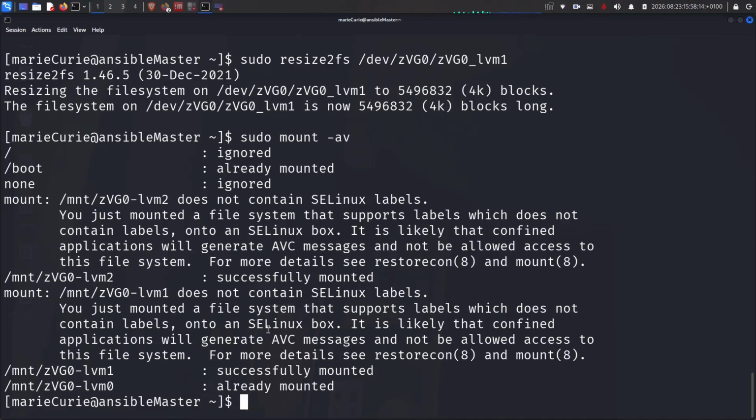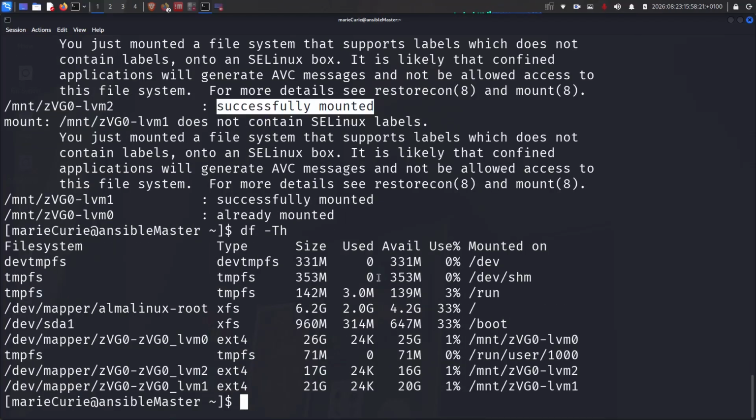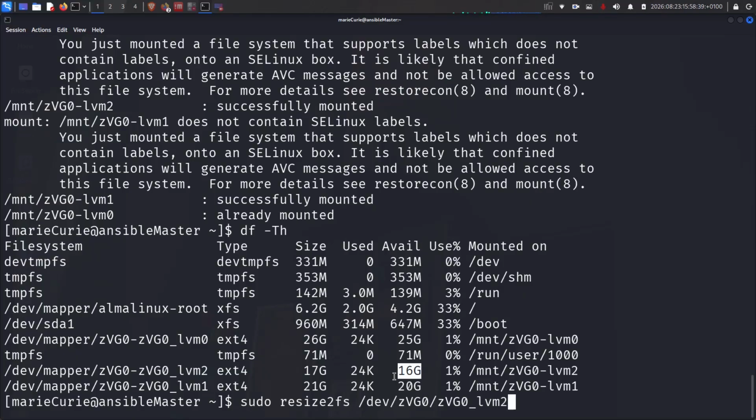Now if I run df -th, here you can see LVM2 will be 16 GB. It is reduced from 23 minus 7, which is 16 GB, but LVM1 we can still see the same. Why?